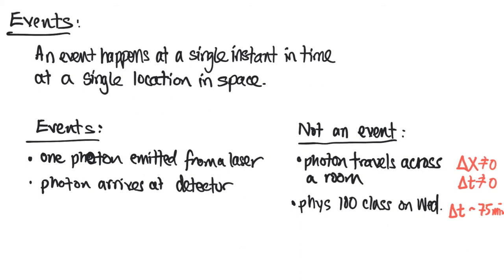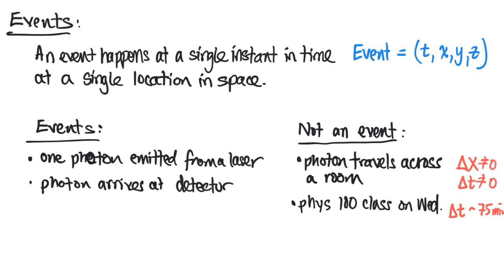Any event or example that you came up with would have to satisfy this idea that an event can be labeled by a single set of numbers: time, and then the location of the event. So we're going to think about events as coordinates in a space and time continuum.